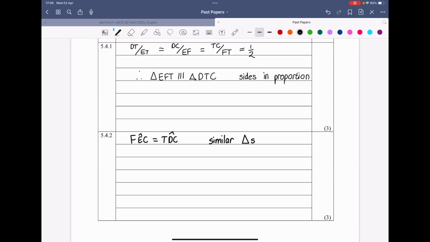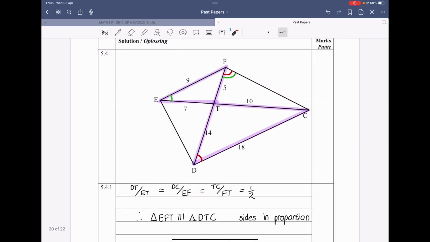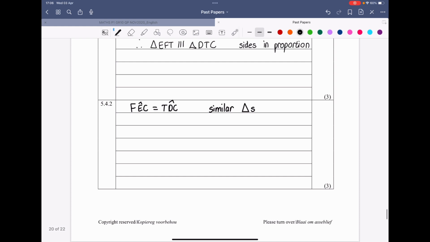And we're told in the question that DFC is equal to TDC, right, that these two are equal. So DFC is equal to TDC, given.